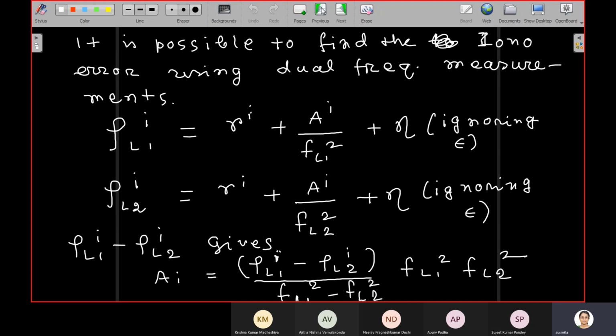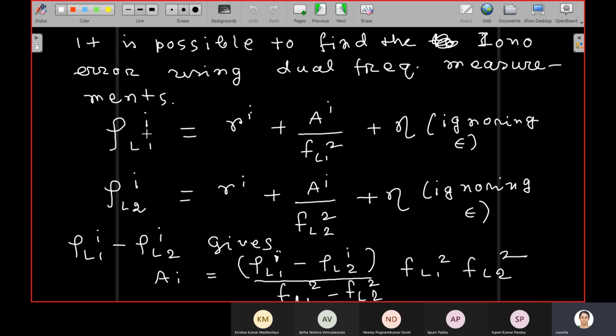So what they do is they predict the ionospheric error using this mathematical model, and whatever the model outputs is subtracted from this. So this partially removes the ionospheric error. Depending on the model, it may or may not remove a bulk portion of the ionospheric error.